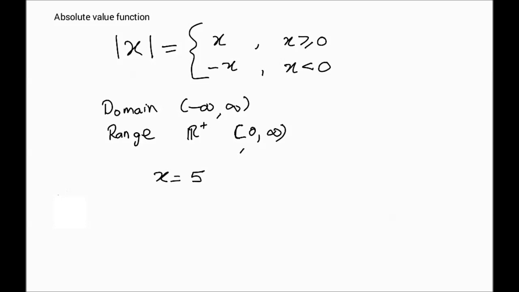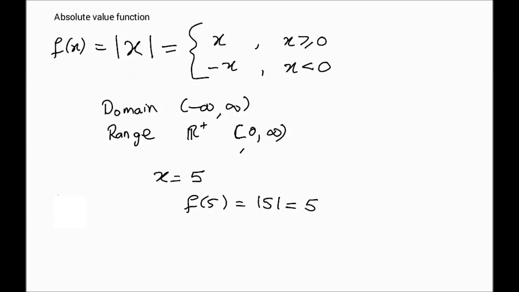So we are on this level, so to speak, and we will be using this part of the formula. Let's introduce f of x here now, which we are quite familiar with at this point. f of x is equal to this. So f of 5 is equal to the absolute value of 5, and according to this, it's going to be just x. And what is the value of x? It's just 5. So it's going to be 5.